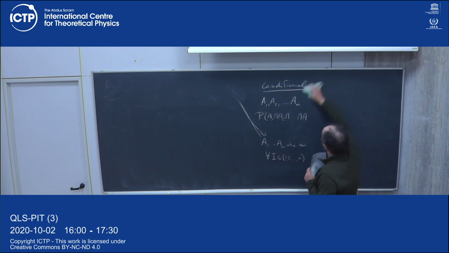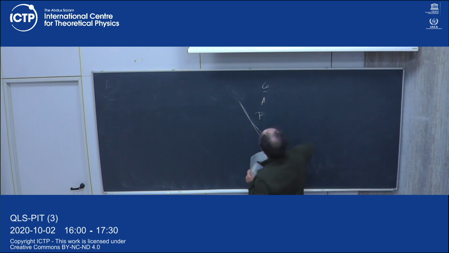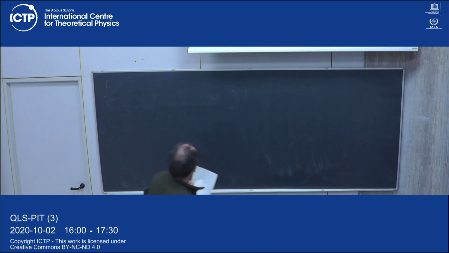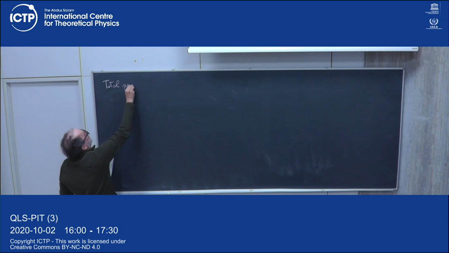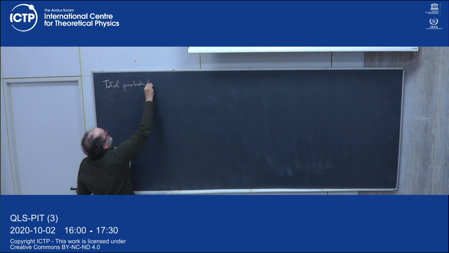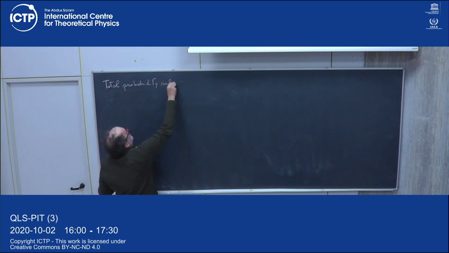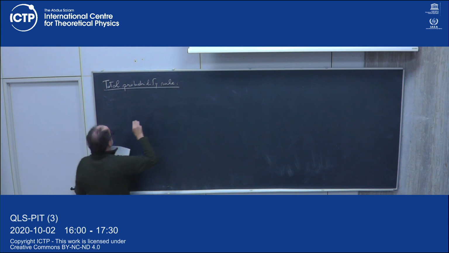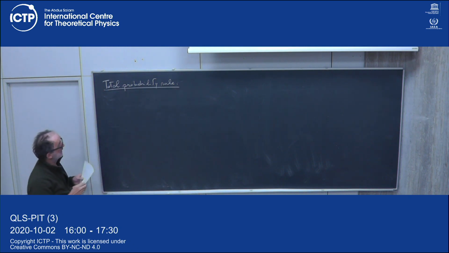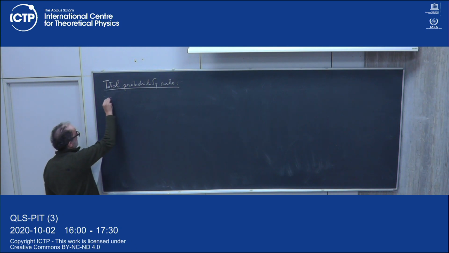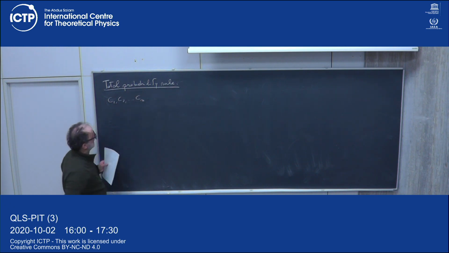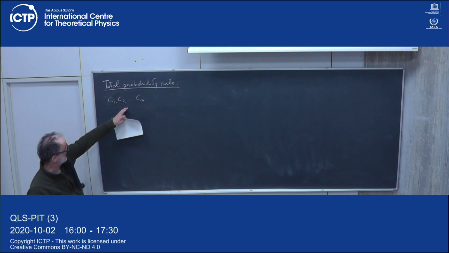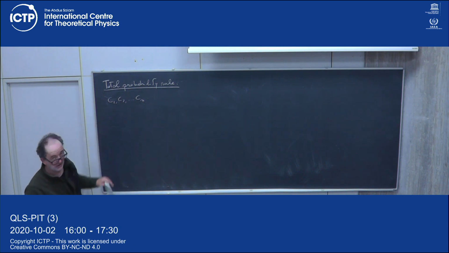So, one is the total probability rule. In order to discuss the total probability rule, we need to introduce a set of events, say C1, ..., Cn, that we can consider as a complete set of causes.